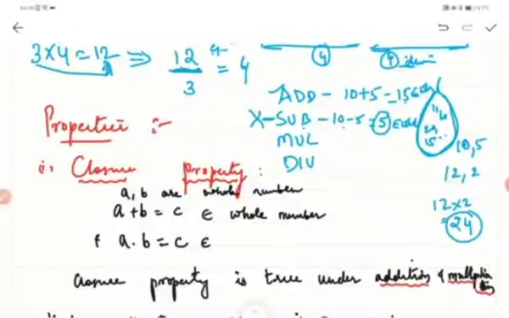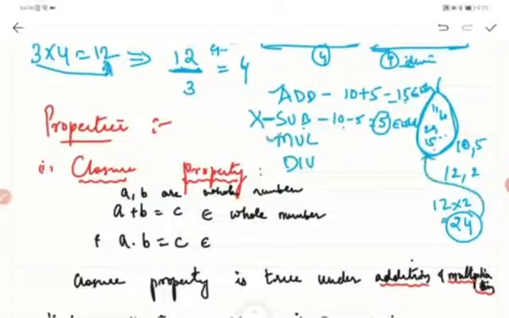Even 24 belongs to your whole number set, isn't it? Just see, if any combination does not give you a whole number as output, then you say that the closure property is not true for that.